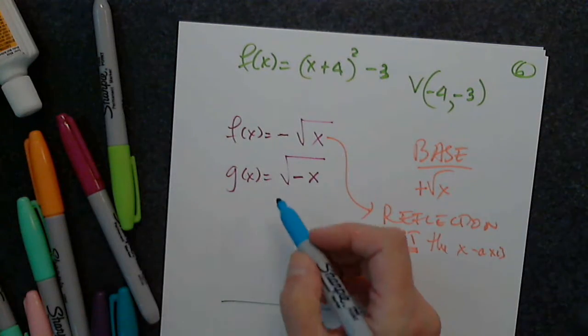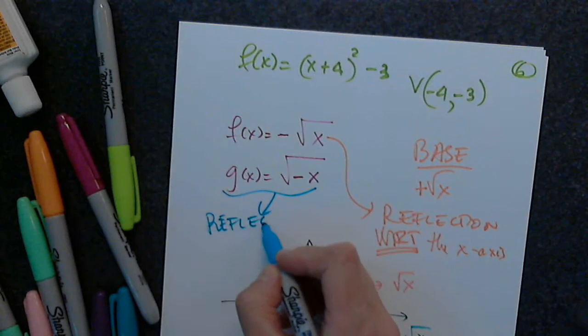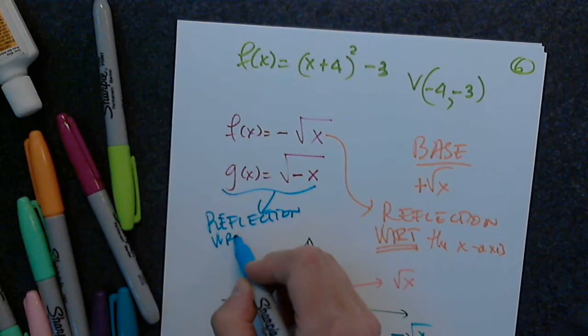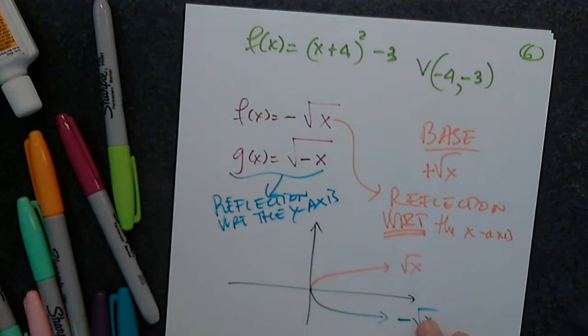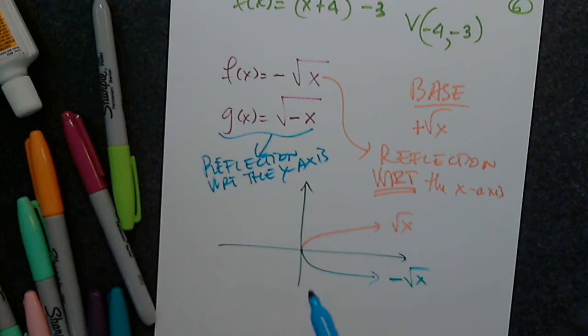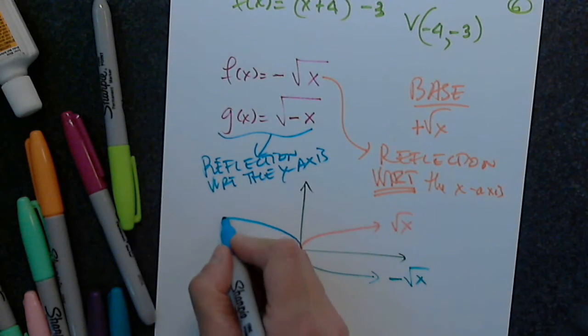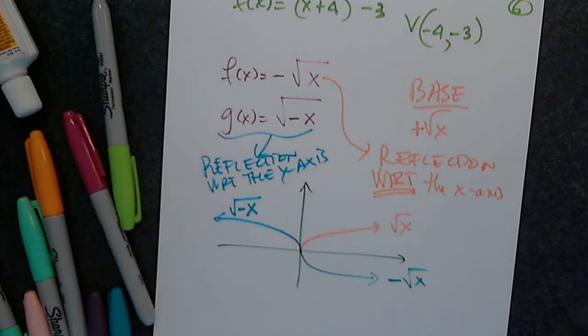Yes, very good. So this one is a reflection with respect to the y-axis. Very good. So then the original graph, the base function, will reflect with respect to the y-axis.